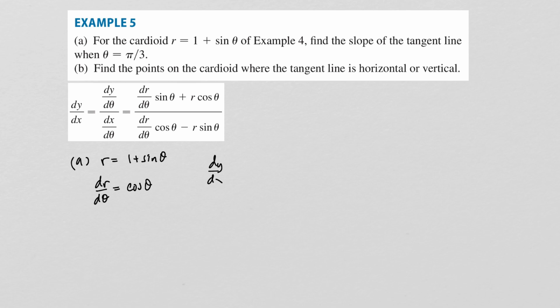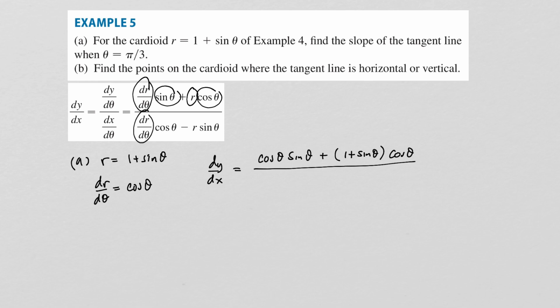So dy/dx is going to be dr/d theta, which is cosine of theta, multiplied by sine of theta, plus r, which is 1 plus sine of theta in this problem, times cosine of theta, all divided by dr/d theta again, which is cosine of theta, times cosine of theta, minus r, which is 1 plus sine of theta, times sine of theta.